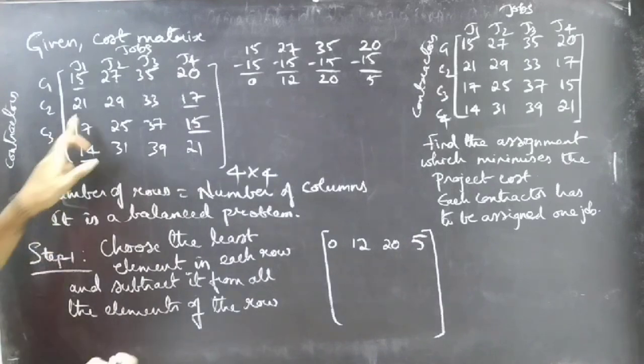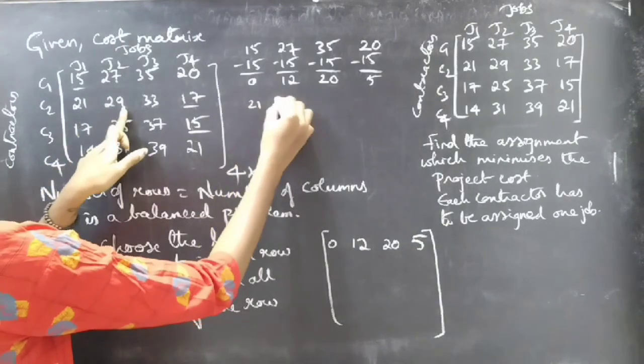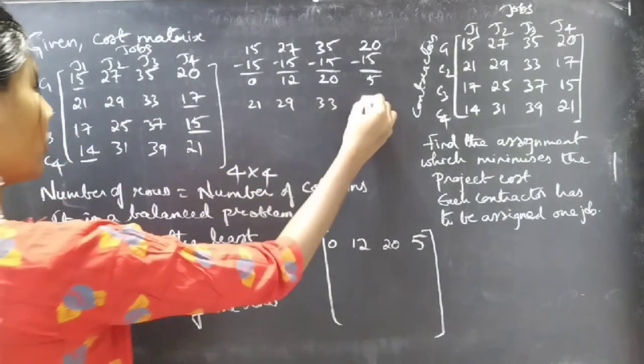Now coming to the second row, you're having 21, 29, 33, 17, right?